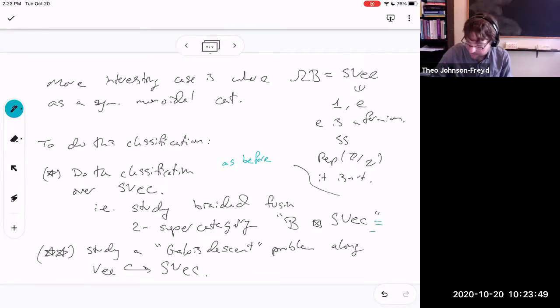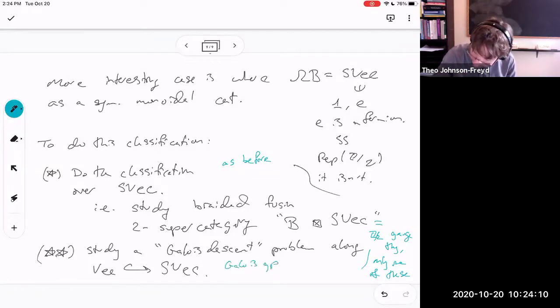It's just basically a Z2 gauge theory. And there's only one of these, just from a cohomology calculation. And the interesting thing is this Galois descent problem. The Galois group here is, well, it's a fun exercise.